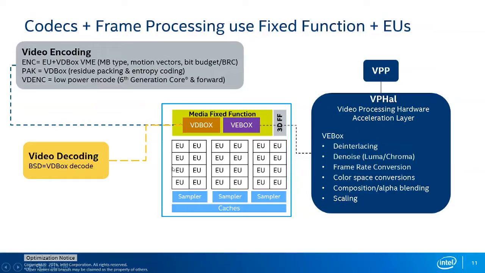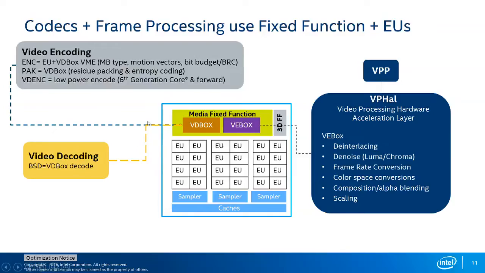So that can be beneficial because, as you remember, the GPUs are heterogeneous inside. So the unsliced part can actually be active, powered on and working, while the EUs are idle and clocked down.